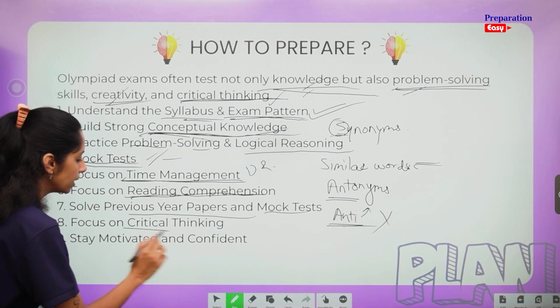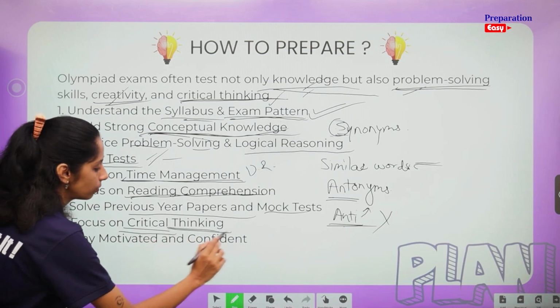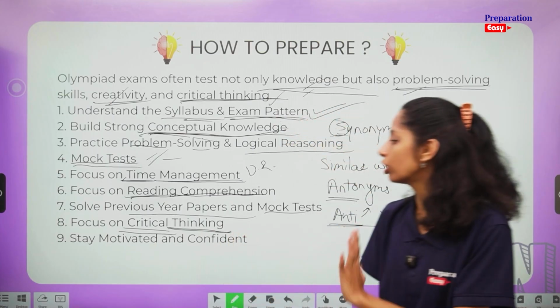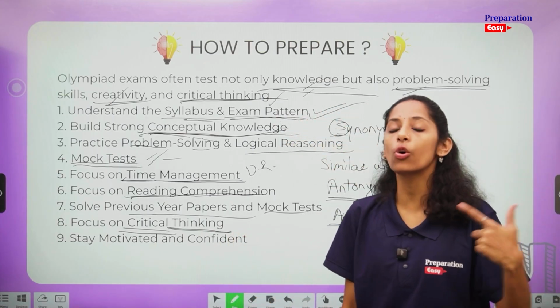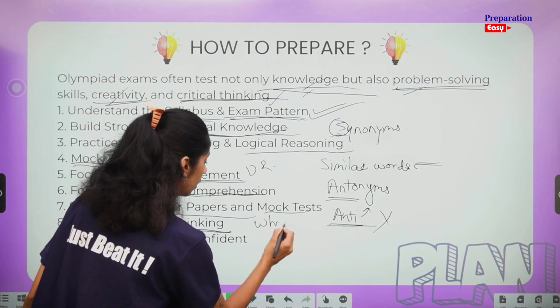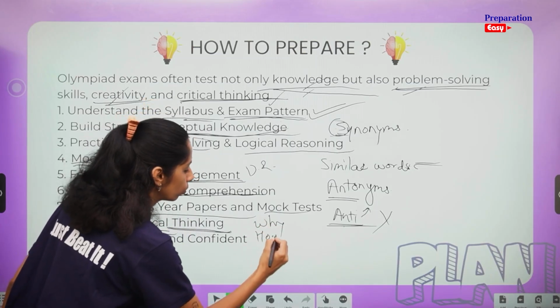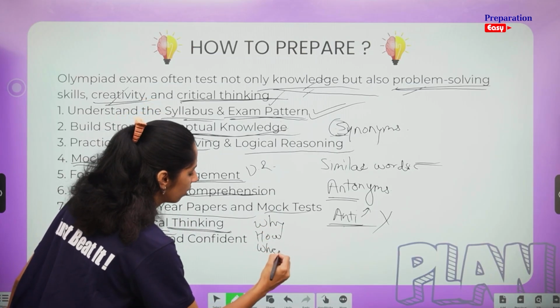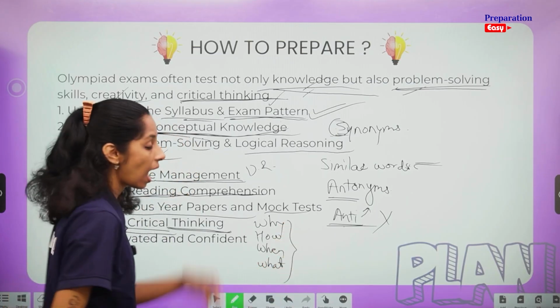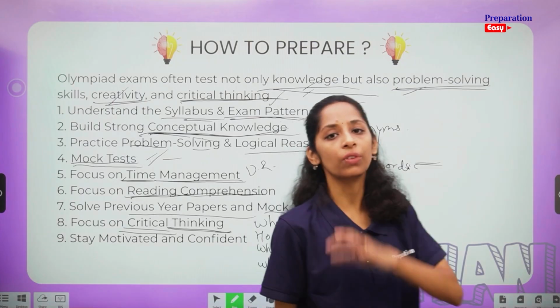Now our 8th plan is critical thinking. Critical thinking is not just about reading and understanding. We are going to think why, how, when, what, right? We are going to ask these questions from the given text.